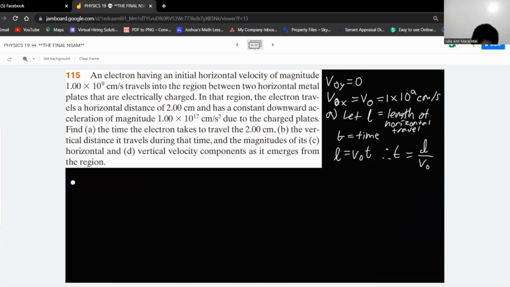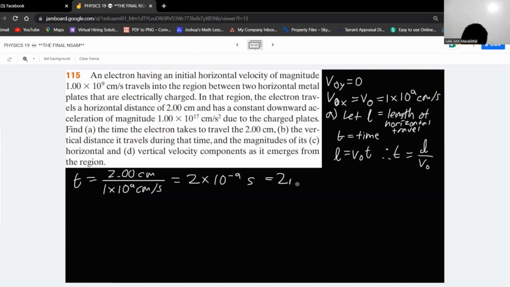Okay, so that's something. T equals 2.00 centimeters over the initial velocity, 1 times 10 to the 9. So 2 nanoseconds.